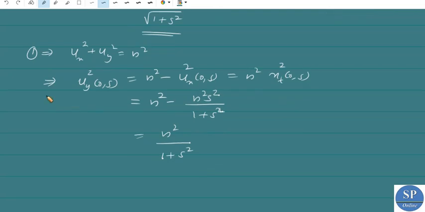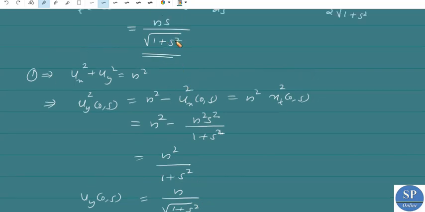So we have the initial condition of uy is equal to n divided by square root of 1 plus s square. So we have ux is this, and uy is nothing but yt, right?